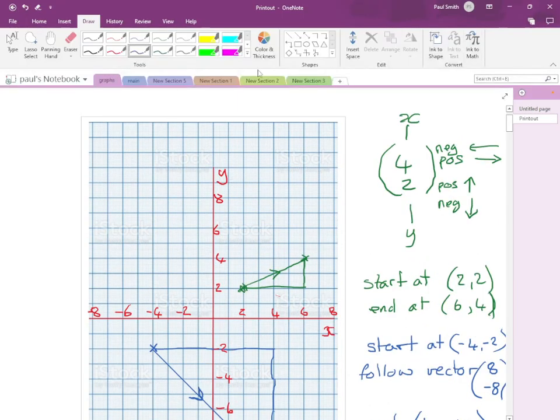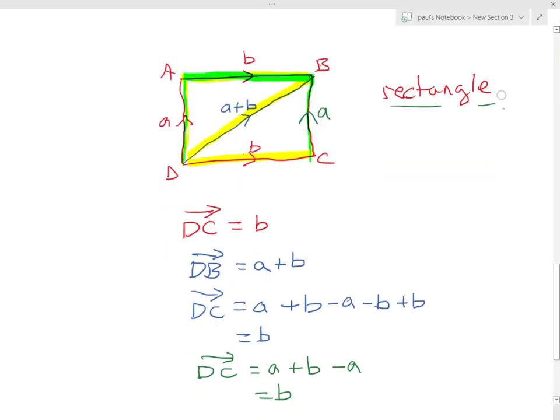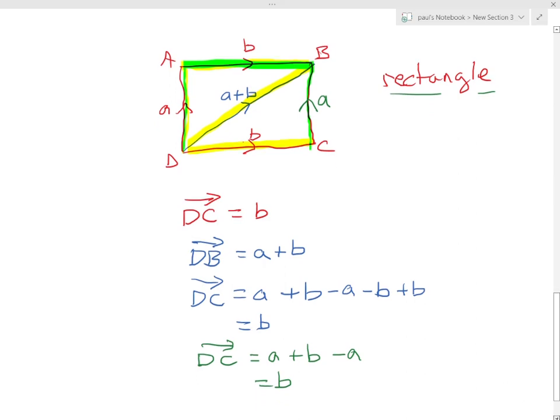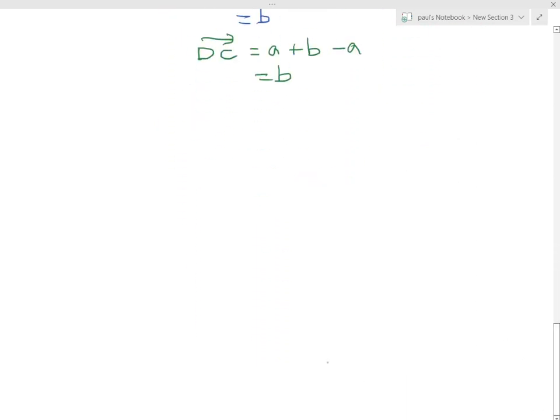Now, the final part of this is where we have to add and subtract column vectors. So we have a column vector of 3, 4, and we call that vector A. And then we're going to add vector B. Whoa, it's getting big. Vector B, 6, 8.